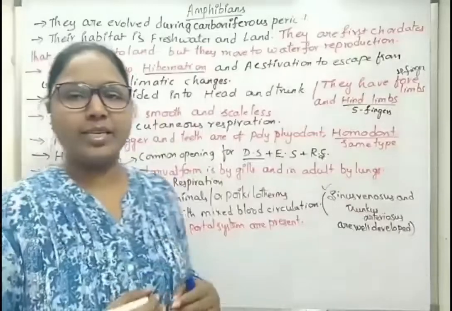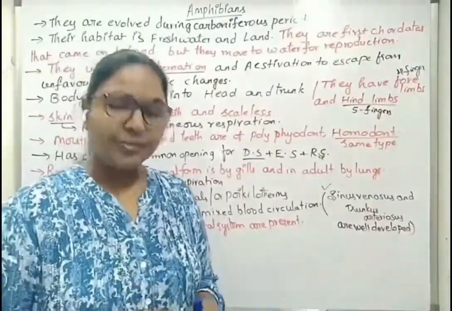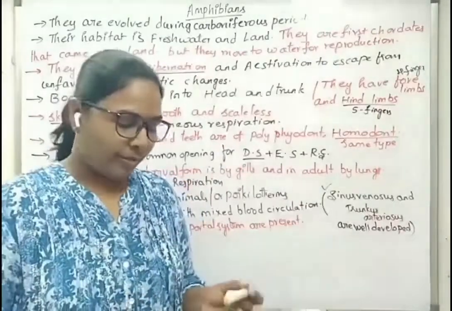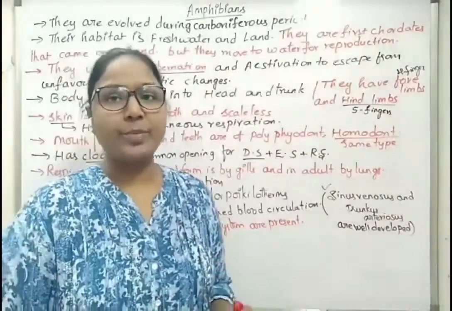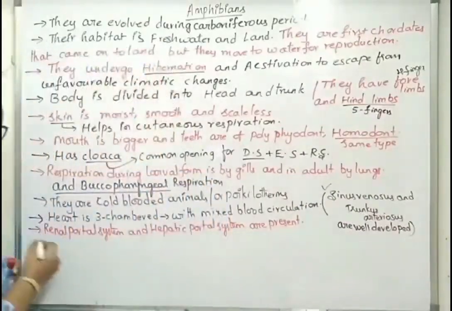RBC in case of amphibians is biconvex shaped and nucleated. In case of human beings, RBC is biconcave shaped and enucleated, means no nucleus in the adult RBC.